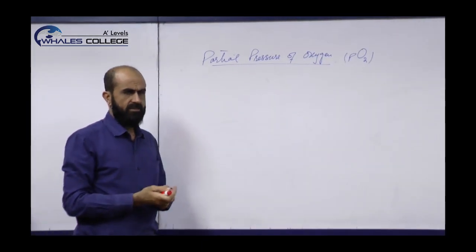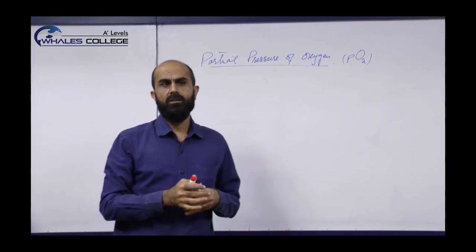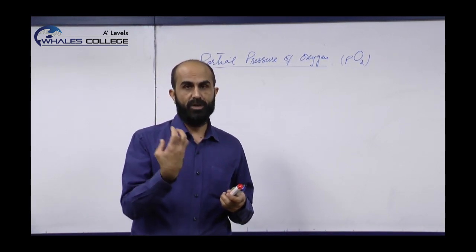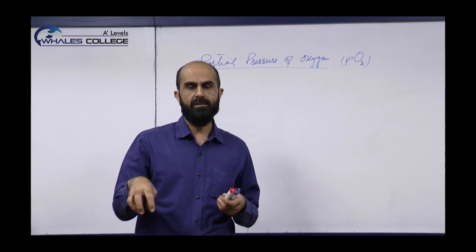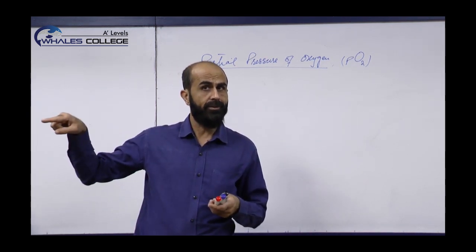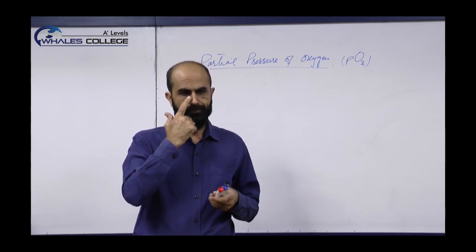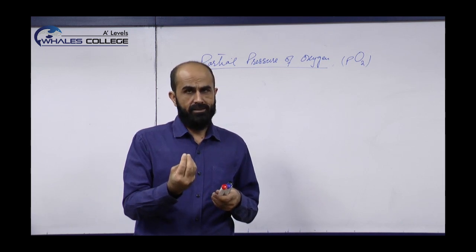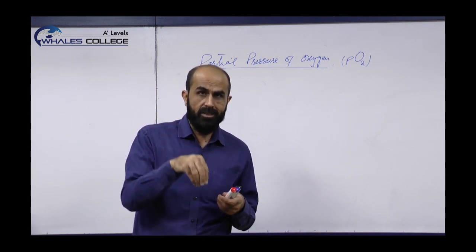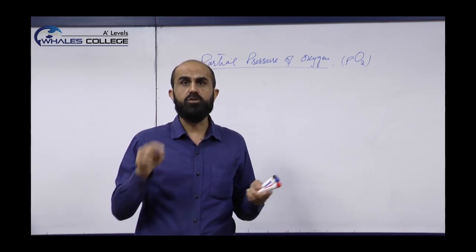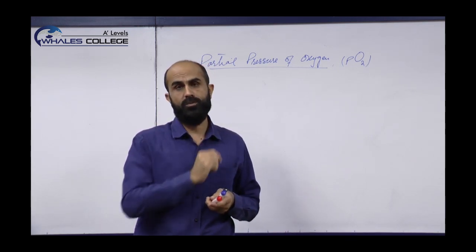Partial pressure is nothing, it's just the contribution of pressure of an individual gas in the total atmospheric pressure, if you're talking about the air. I'm just repeating. One individual gas, how much pressure exerting in the summation pressure of a medium is called its partial pressure.